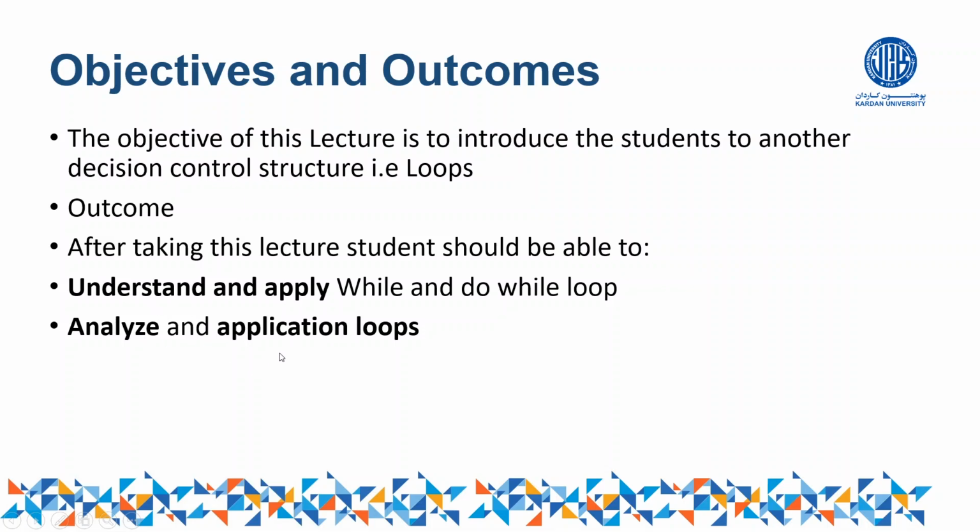So these are basically the outcomes. First of all, you understand the while loop, and then you apply the while loop in practical programming. You also understand the do while loop, and then you apply the do while loop in practical programming. The analysis part is very much important, so you analyze these different loops and the differences of the while and do while loop, and also you apply them in practical problem solving.